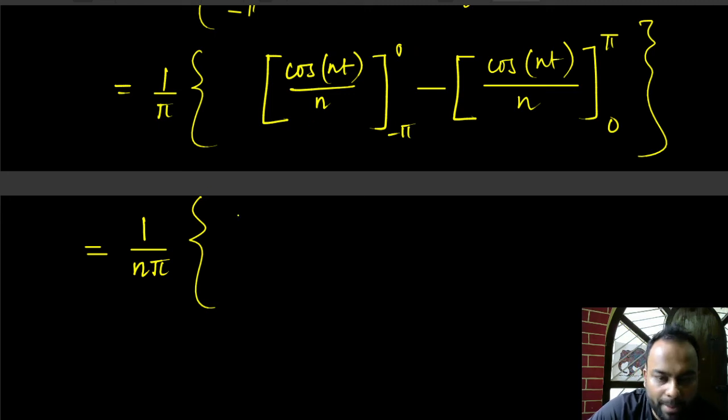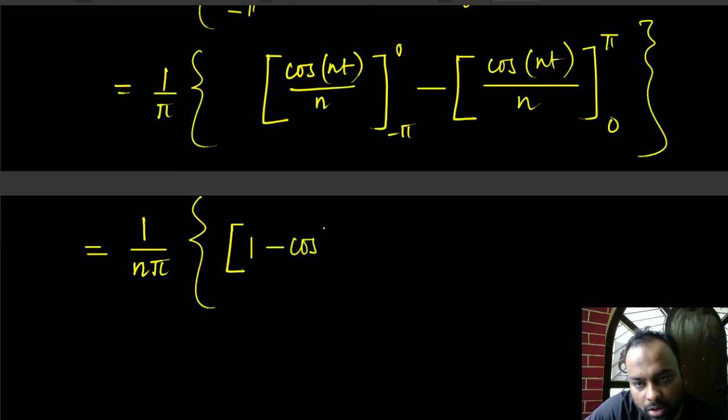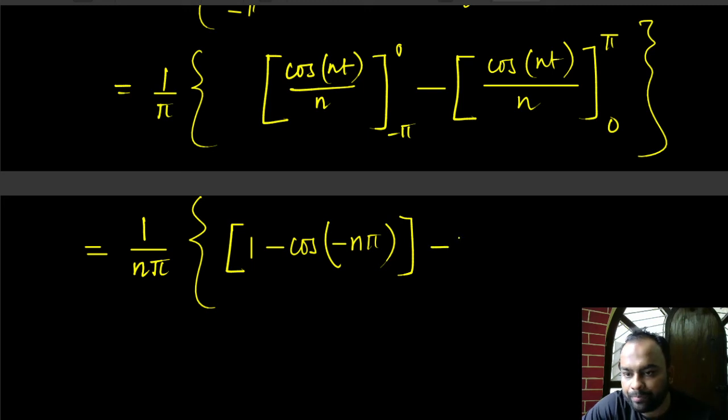If I put the upper limit 0, what is cos 0? That's universally 1. But what if I put minus pi? So I put minus and the lower limit, minus n pi.